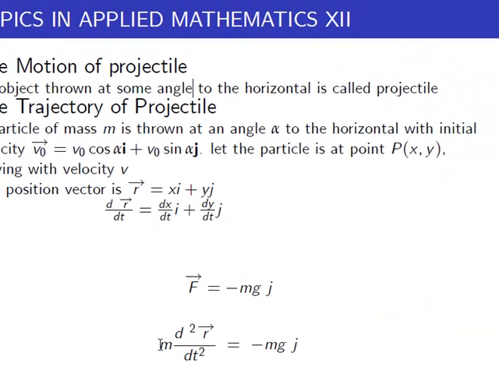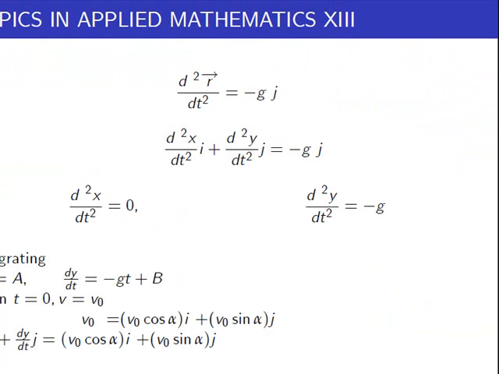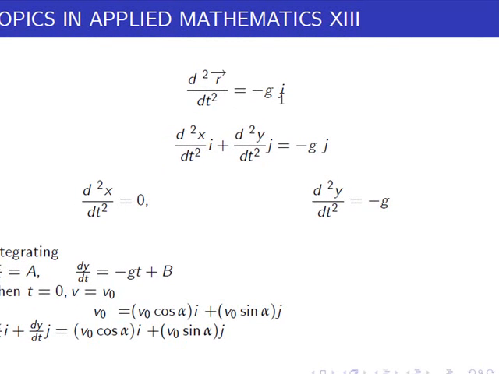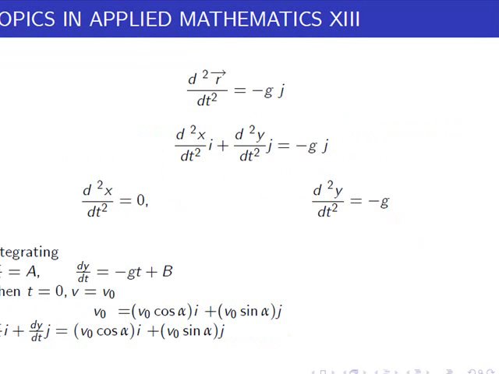Now we divide both sides by m, and m cancels, so we get d square r over dt square is equal to minus g j. The second derivative of the position vector becomes d square x over dt square i plus d square y over dt square j is equal to minus g j.